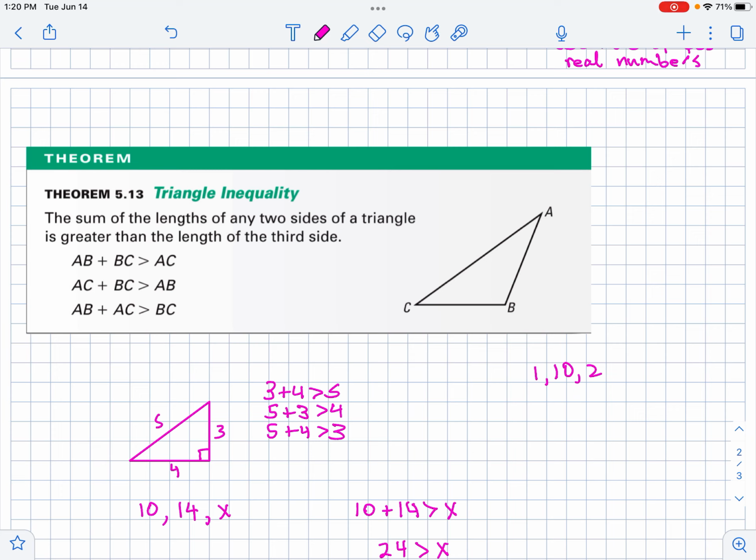That won't work because 1 plus 2 is not greater than 10. And if you try to draw a triangle with these sides, you're going to fail. Okay. So those are the inequality theorems related to triangles that we'll study.